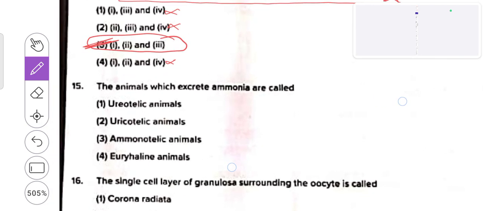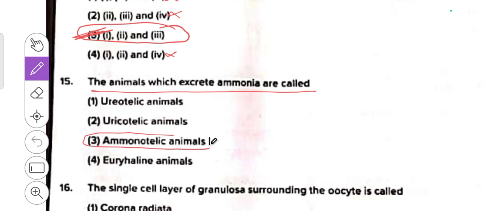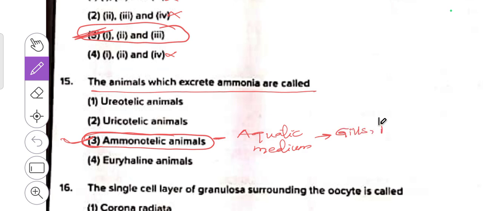Then 15th one, the animals which excrete ammonia are called. So those are commonly called as what? Ammonotelic animals. So these ammonotelic organisms will be present in an aquatic medium where the excretion is done with the help of the gills and also through the body surface.